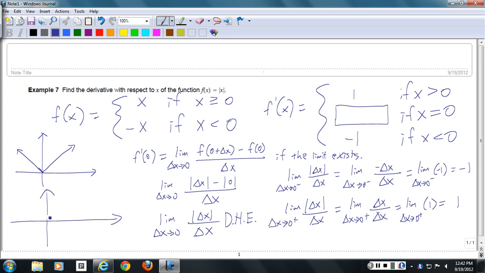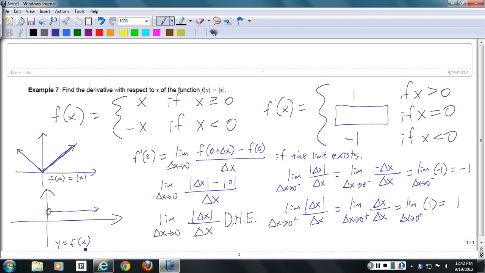Well, it's going to be undefined at 0, but if we pick any positive number, the slope is 1, the slope is 1, the slope is 1. So it's going to be 1 all the way to the right. This is f of x equals the absolute value of x, and this is y equals f prime of x.